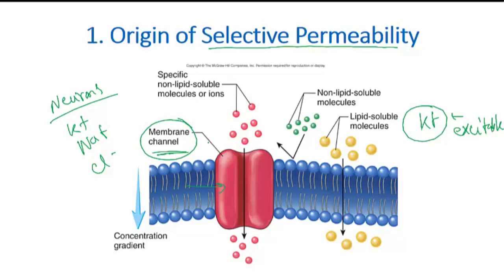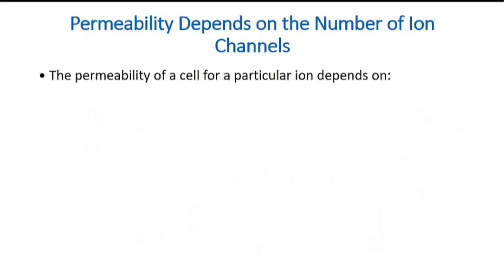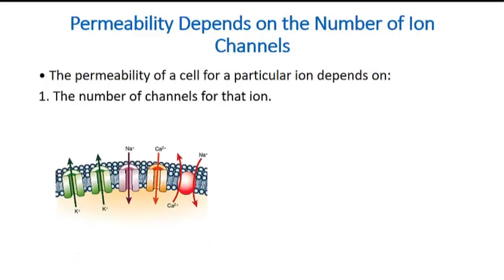Let's move to what the permeability depends on. The permeability of a cell depends particularly on two important factors. First one is the number of channels for that ion. So permeability can be increased by increasing the number of ion channels present in a membrane.